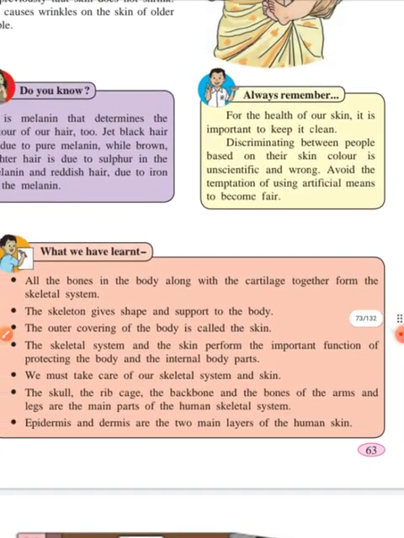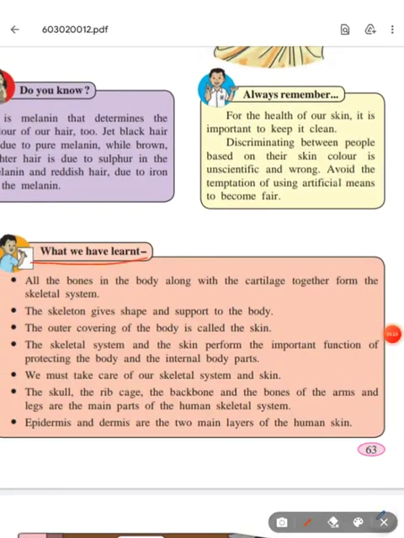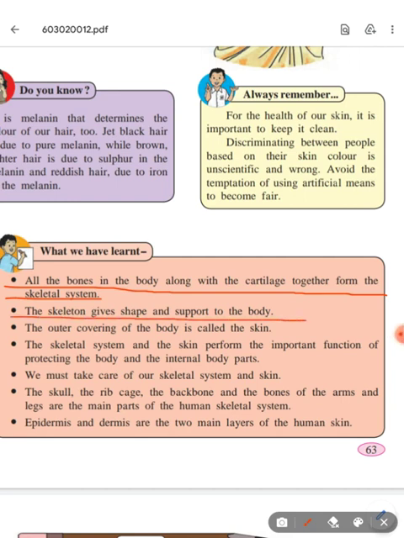All what we learn in this chapter, in short: all the bones in the body along with the cartilage together form the skeleton system. The skeleton gives shape and support to the body. The outer covering of the body is called skin. The skeleton system and the skin perform the important function of protecting the body and the internal body parts.